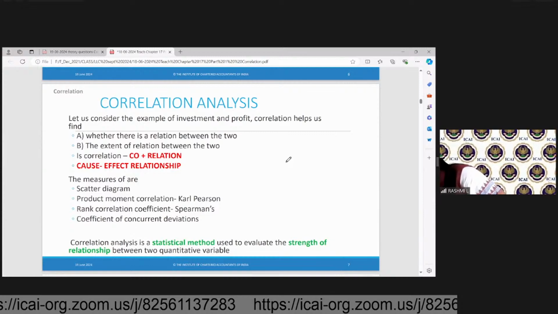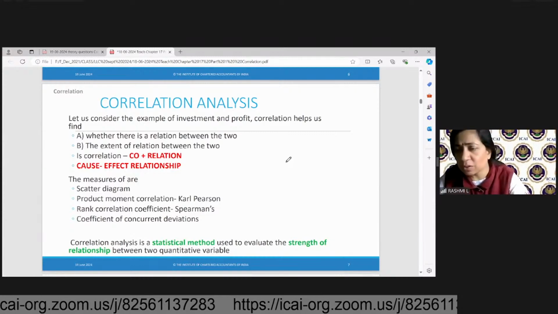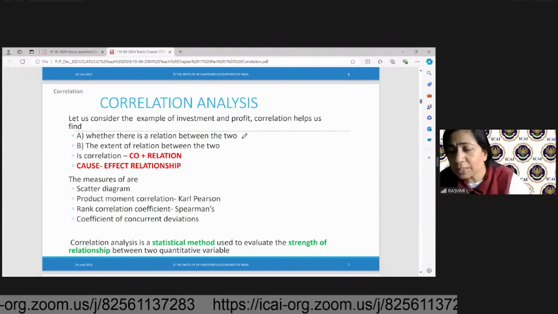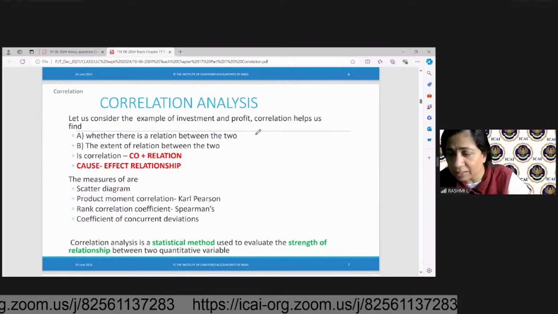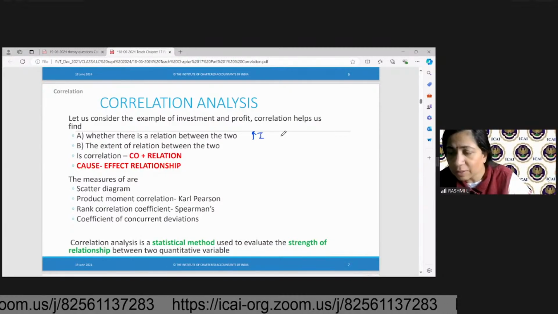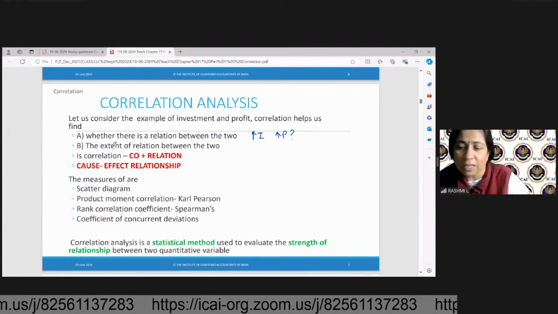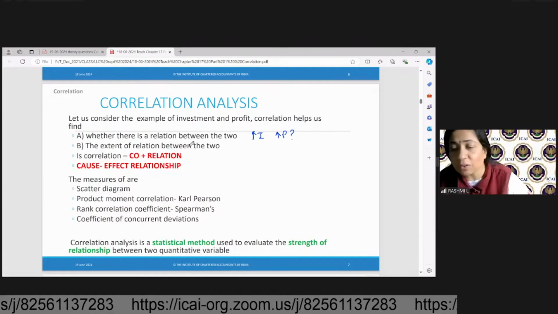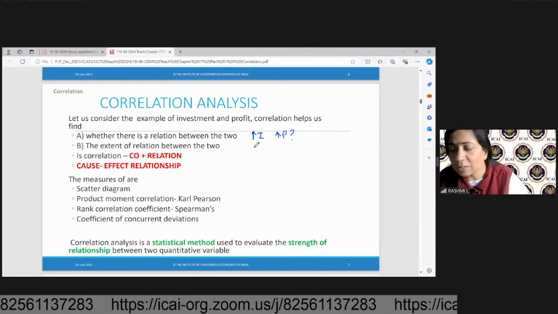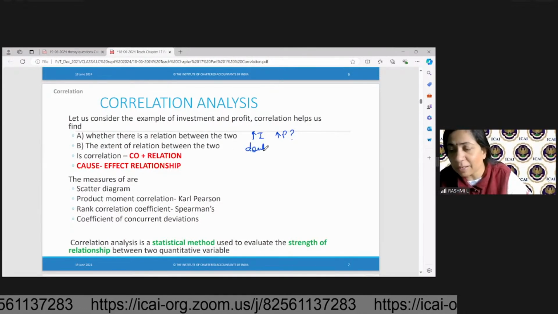So let us consider the example again of the investment. So we want to see whether when I increase my investment, does my profit increase? The extent of relation between them. So suppose I double my investment.